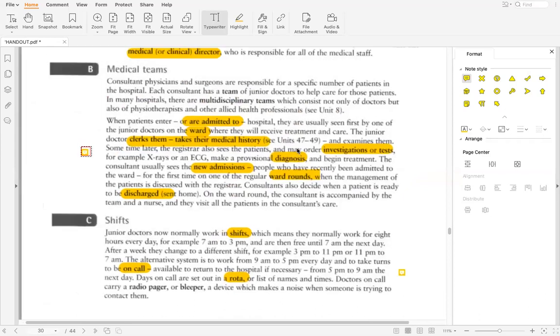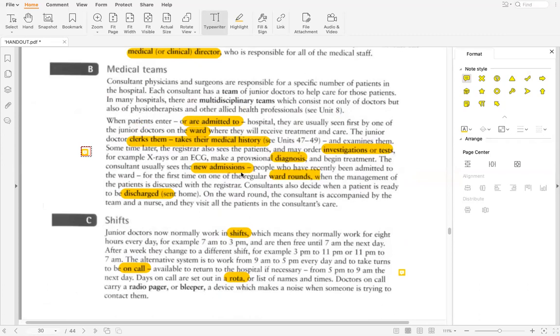So here, before moving to the next part, we have the word, the verb admitted to means to get in the hospital. We have discharge means get out of the hospital, to be sent home. We have the word ward. We have clerk. When a doctor clerks a patient, it means to take their medical history and examines them.